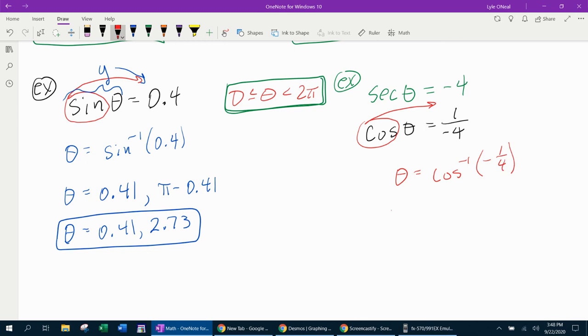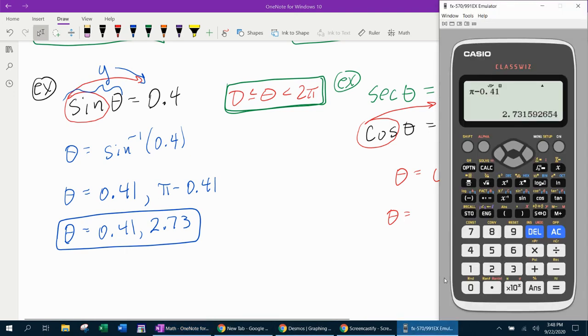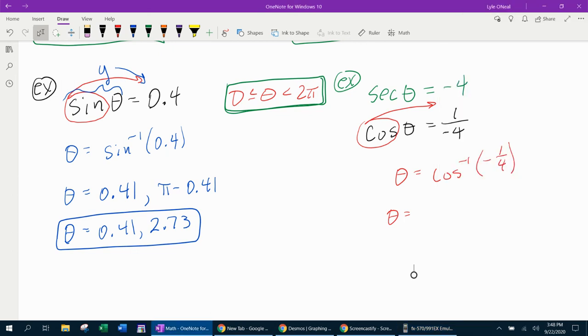And I now have something I can calculate with the calculator. All right, so we're going to go to our handy dandy calculator. And we're going to do the inverse cosine of -1/4. And that's going to give me an angle in radians rounded to 2 decimal places of 1.82.